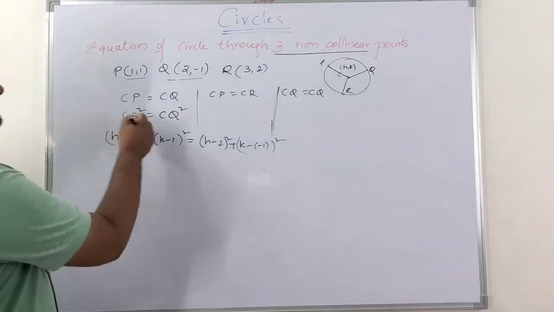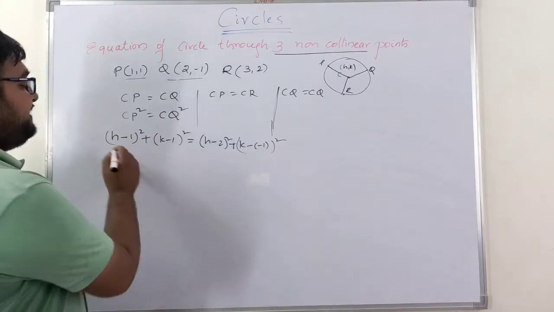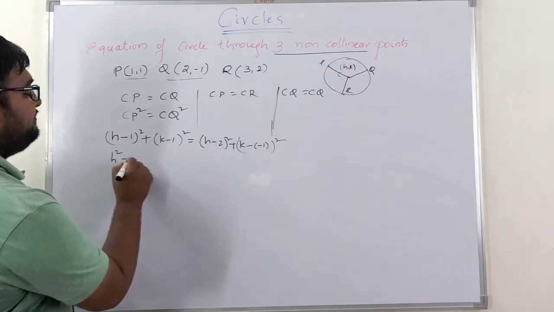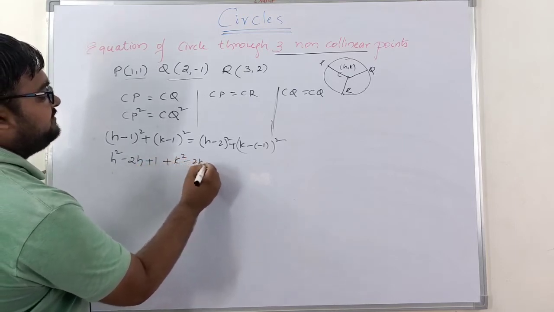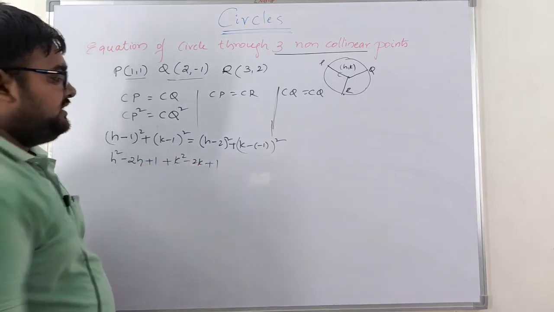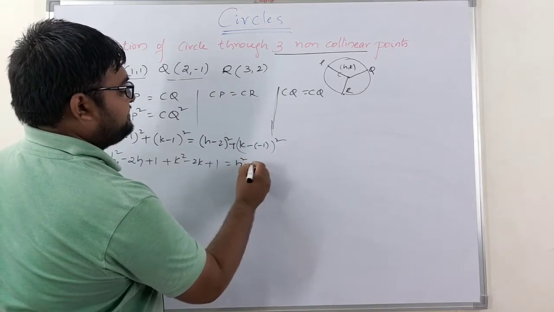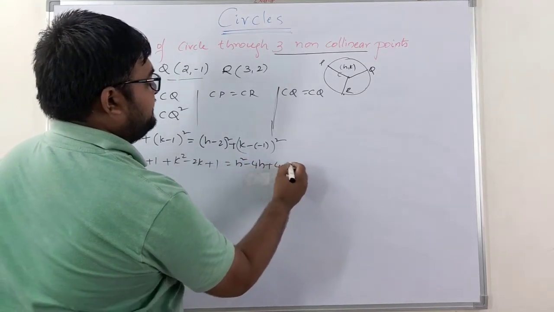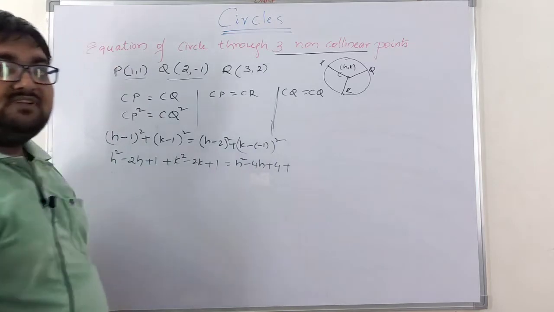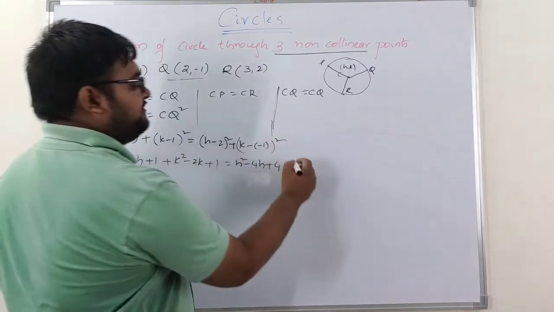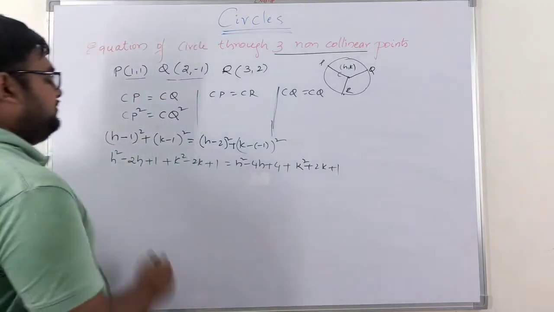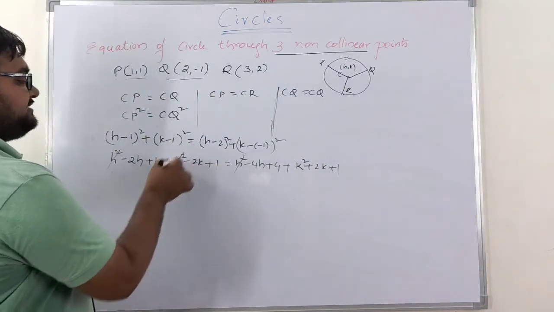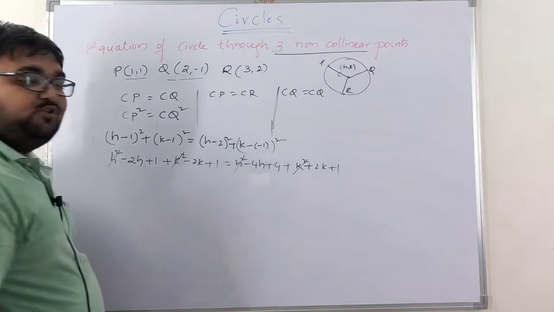Now if I expand this, I get h square minus 2h plus 1, k square minus 2k plus 1, equal to h square minus 4h plus 4 plus, here k minus of minus 1 is k plus 1, and (k plus 1) whole square is k square plus 2k plus 1. Now if you observe, h square and k square I can cancel on both sides.